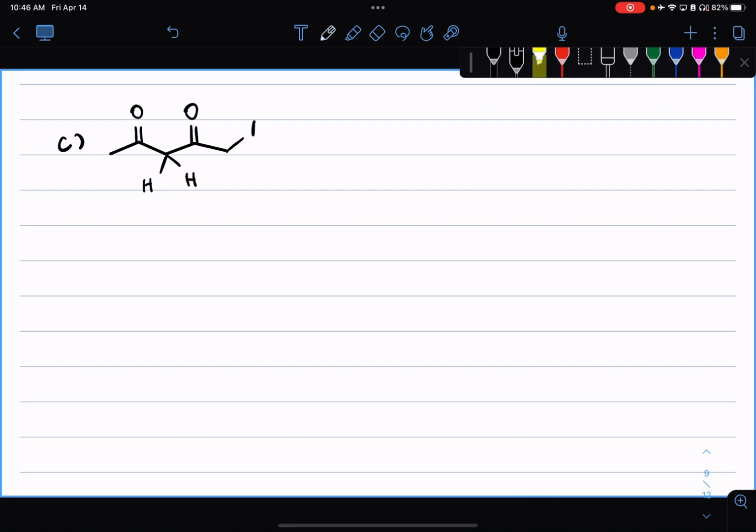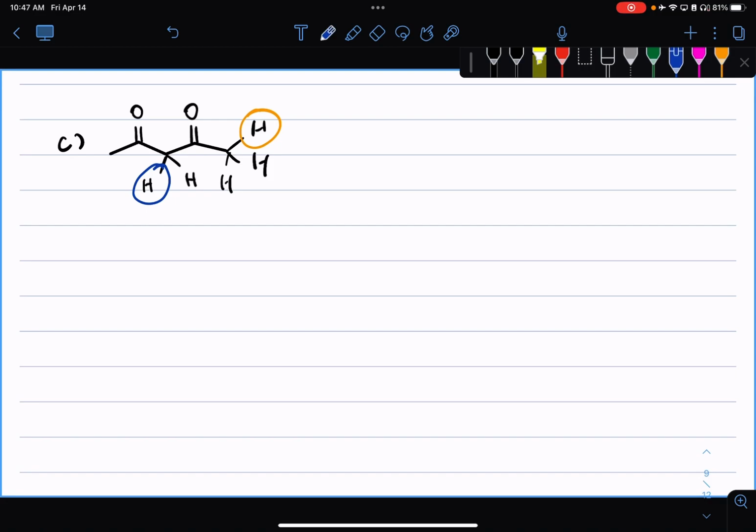You can either deprotonate a hydrogen from the terminal, or you can deprotonate a hydrogen from the internal position. And how do we get an idea which one of these hydrogens will get deprotonated first? The way to do it is you write out the resonance structure in both cases.